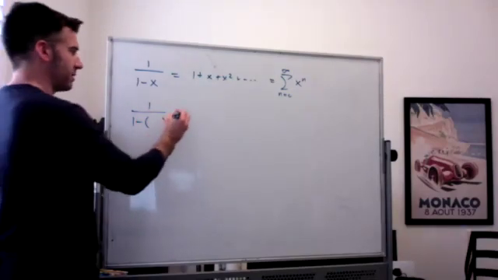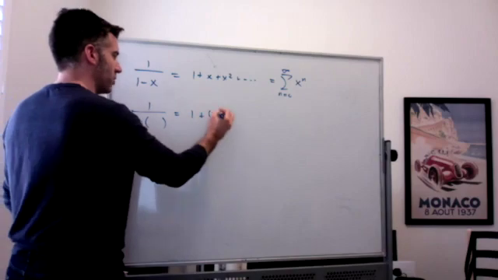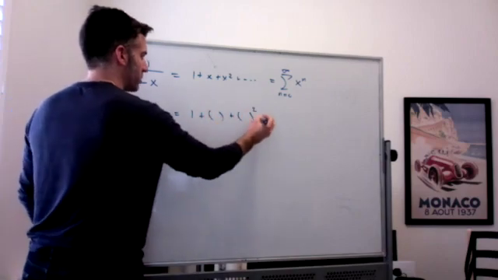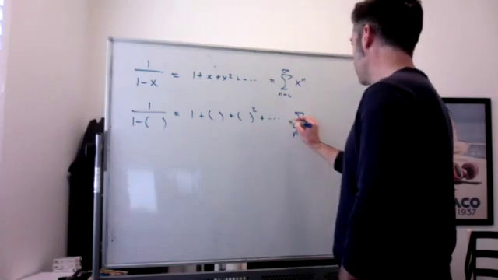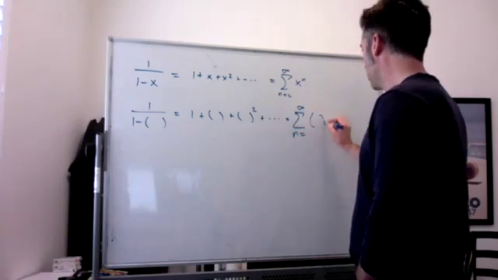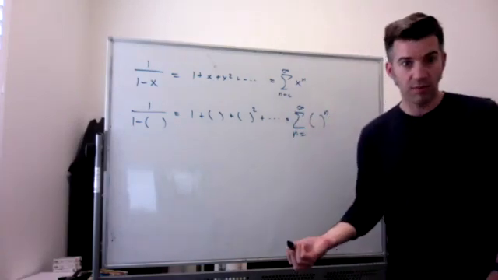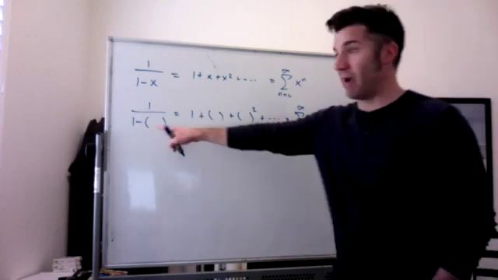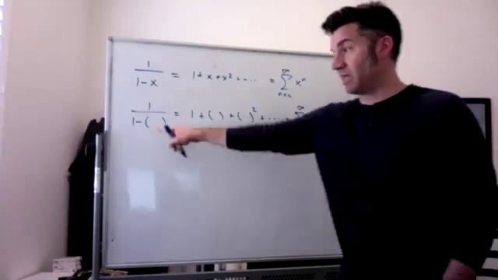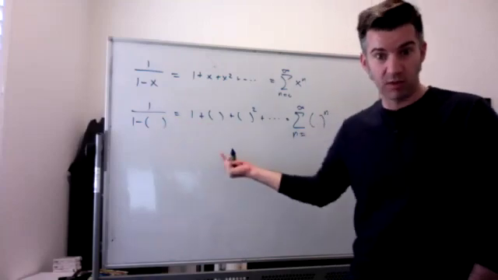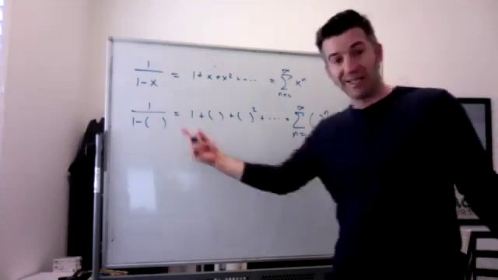That's going to be 1 plus your thing plus your thing squared, and so on. It's going to be the sum from n equals 0 to infinity of your thing to the nth power. So maybe that's going to be minus x because you've got 1 over 1 plus x. Or maybe it's going to be minus x squared because you've got 1 over 1 plus x squared. There's lots of things that can go in there.